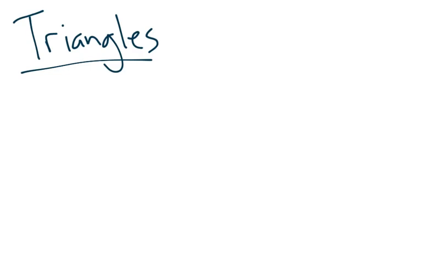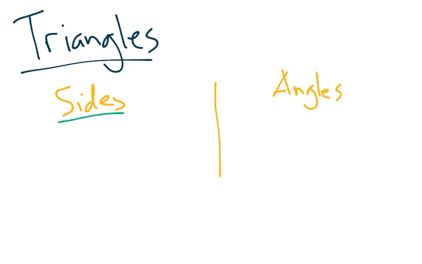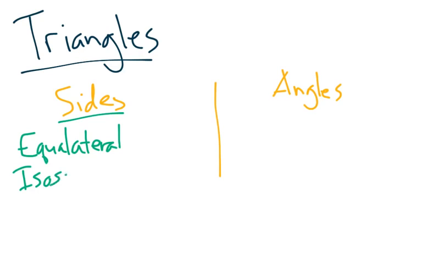So when it comes to triangles, we have a line in the sand where on one side we like to talk about them in terms of their sides, and on the other side we like to talk about them in terms of their angles. Some vocab that goes with sides would be an equilateral triangle, or an isosceles triangle, or a scalene triangle.